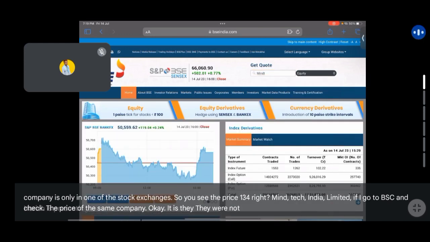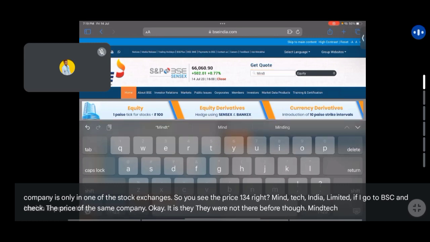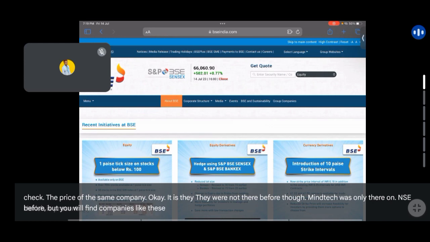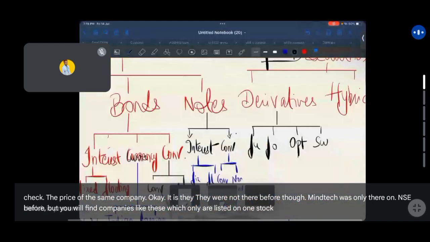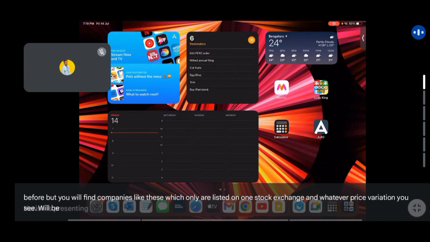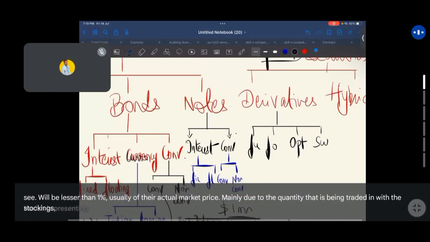They were not there before though. Mindtech was only there on NSE before, but you will find companies like these which are listed on only one stock exchange, and whatever price variation you see will usually be less than 1% of their actual market price, mainly due to the quantity being traded in both the stock exchanges.